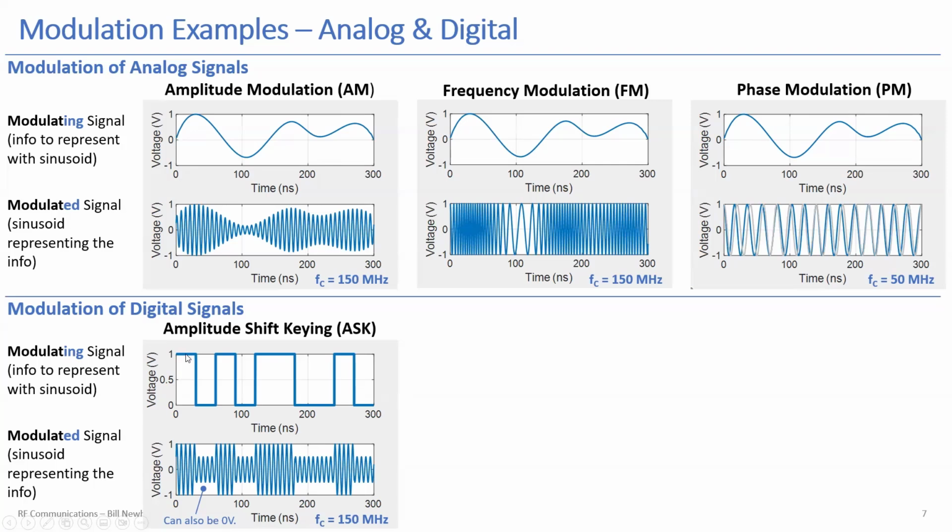So when you have a high voltage, you have a high amplitude of the sinusoid. A low voltage, you have a low amplitude of the sinusoid. There are different types of ASK you could use. This could also be 0 volts, which would be on-off keying. But I wanted to show you an example of amplitude shift keying that had non-zero amplitudes here.